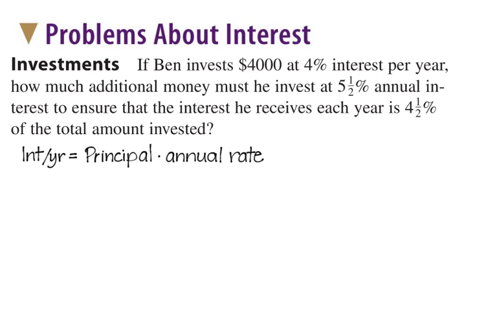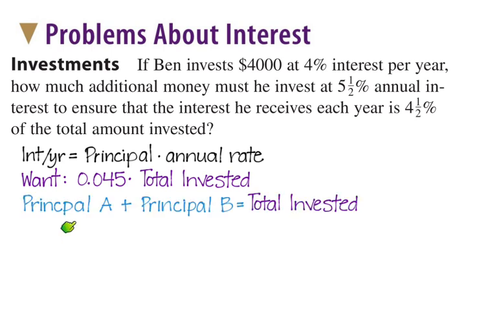We would take those two interests from the two accounts and add them together in this problem. So we want to know that when we add all that up, we're going to have the total amount that was invested, not just 4,000, but 4,000 and the other account x, and find out, was that indeed 4.5% of the total amount invested.